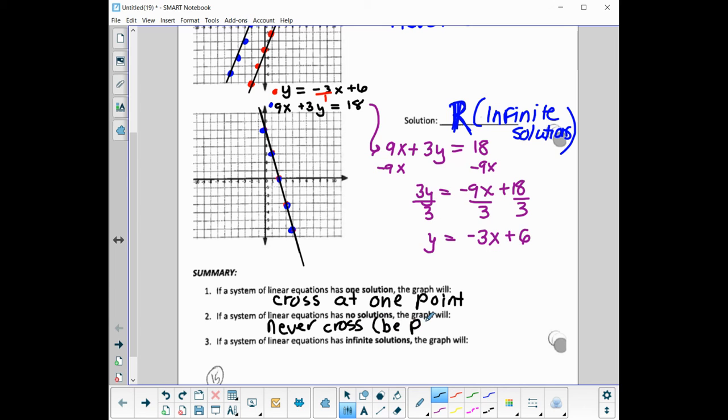They will be parallel. And then if it has infinite solutions, the graph will always cross or be the same line. So if you graph it and it's the same exact line, that's all real numbers or infinite solutions. So those are three special cases.